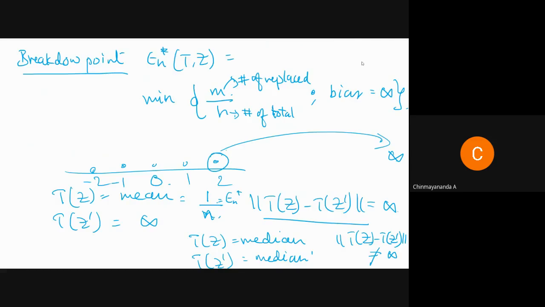Now for least squares, which here means linear only, you can easily show that the breakdown point is 0%, similar to the argument we did just now. It will be something like 1 by n.